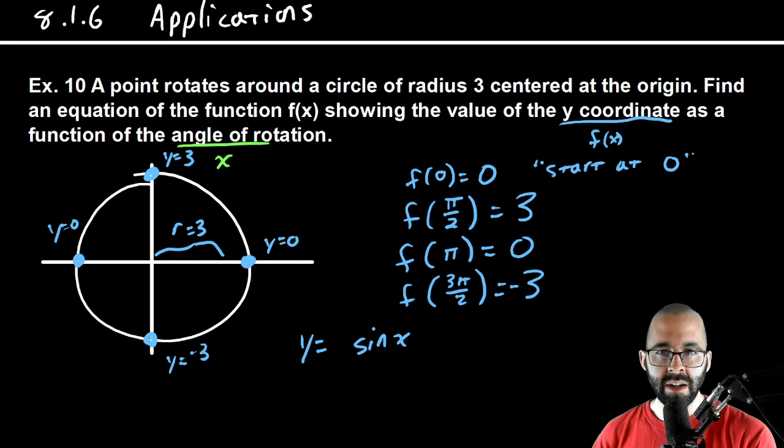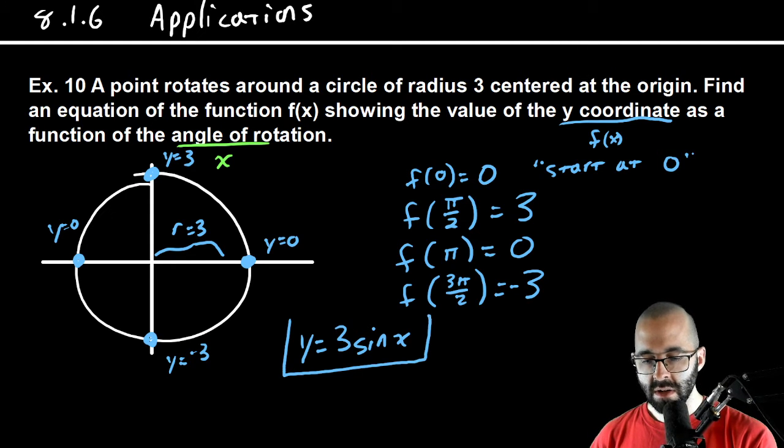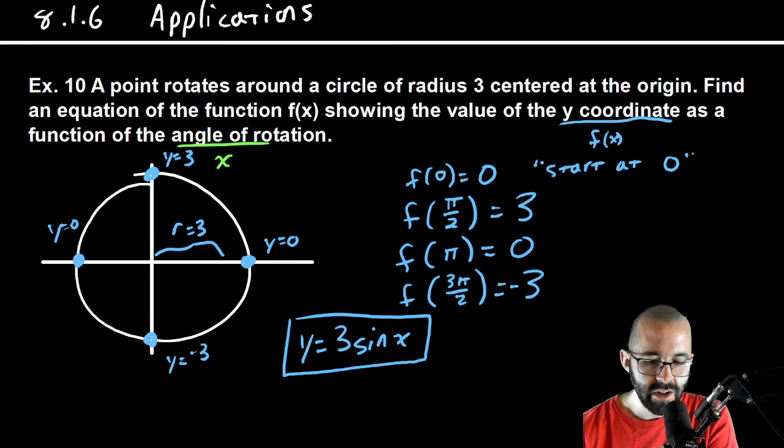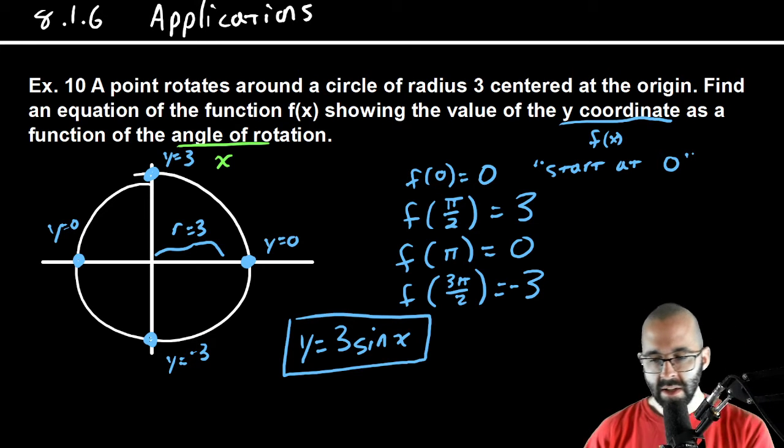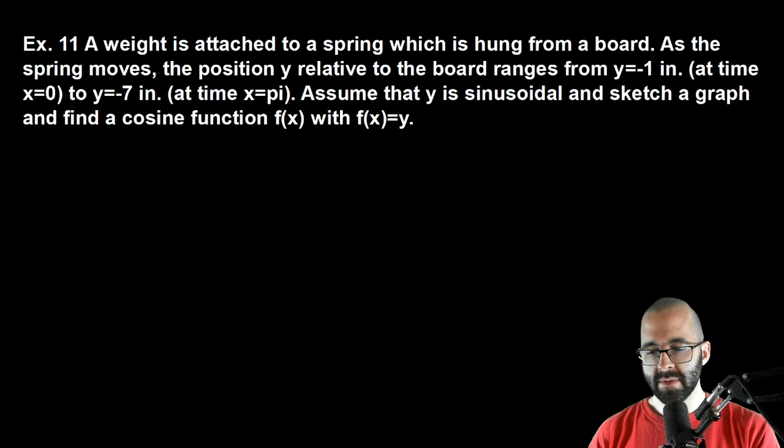We don't need to adjust the period. The only thing we need to adjust is the amplitude. Sine normally goes between positive 1 and negative 1. We're tripling the amplitude. So this is our function right here, showing the y coordinate as a function of the angle of rotation.